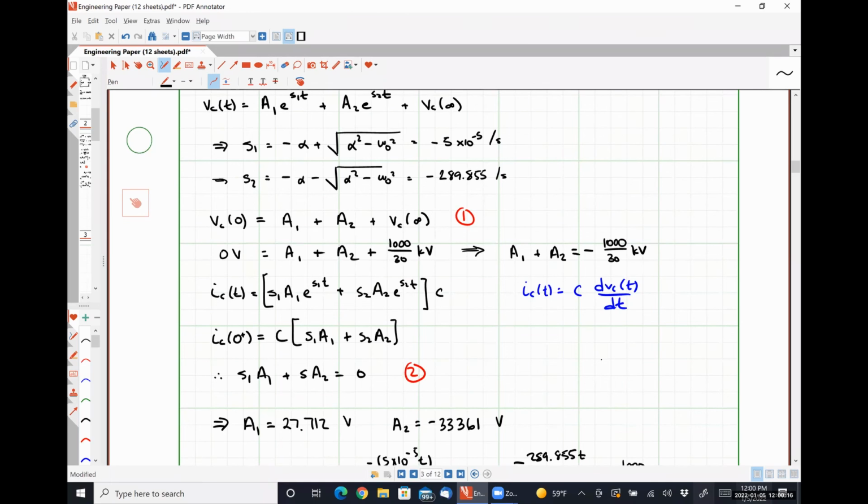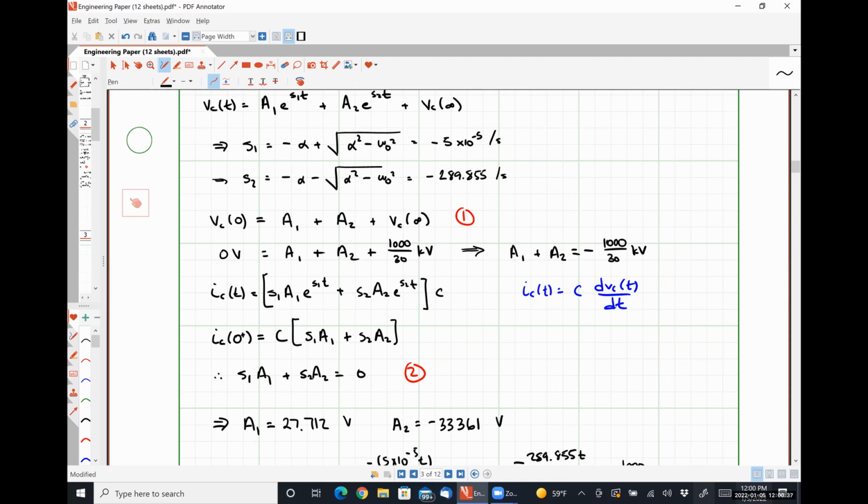And for our second equation, we should have S1, which was negative 5 times 10 to the minus 5, plus S2, which was negative 289.855. That one is equal to 0.